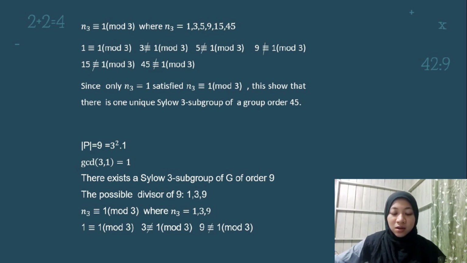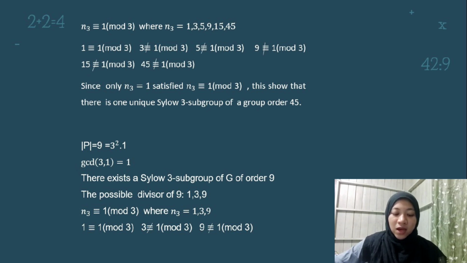The concept is the same as before, n_3 congruent to 1 mod 3. 1 is congruent to 1 mod 3 because 1 divided by 3 gives remainder 1.